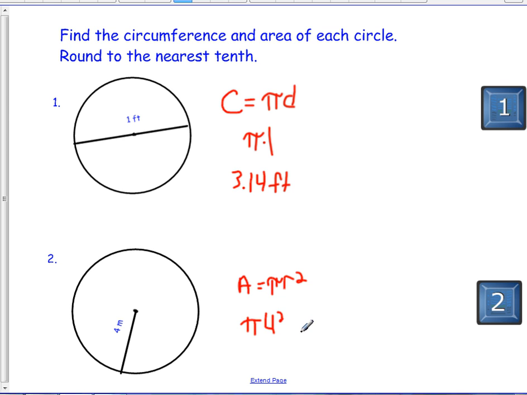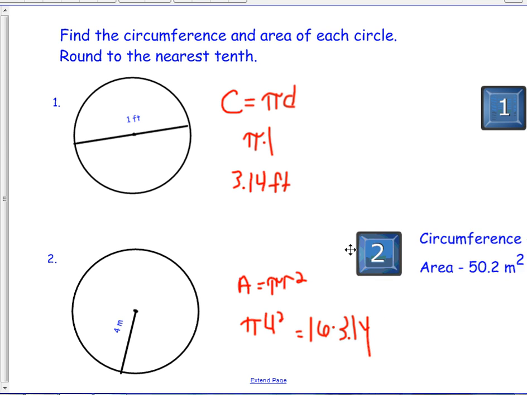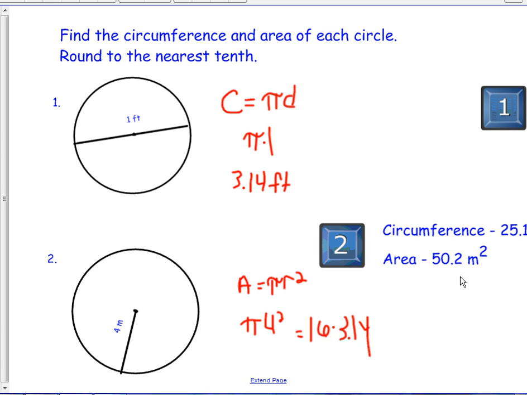And 4 squared is 16, so we have 16 times pi, which is 3.14, and we will get 50.2 meters squared. Now notice in the area you're always squaring your units, okay?